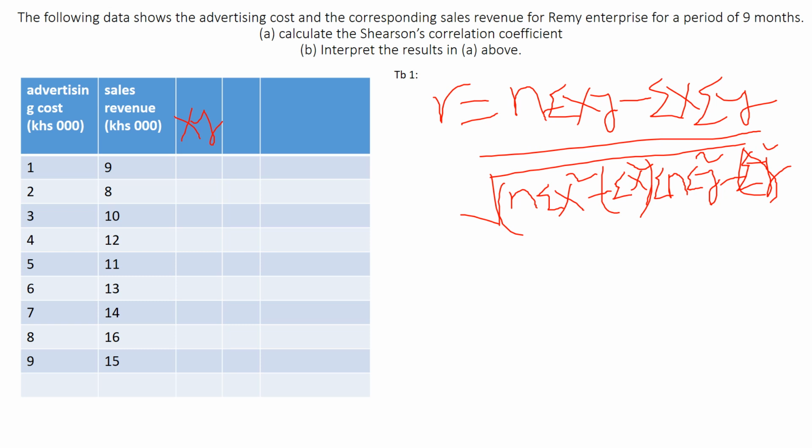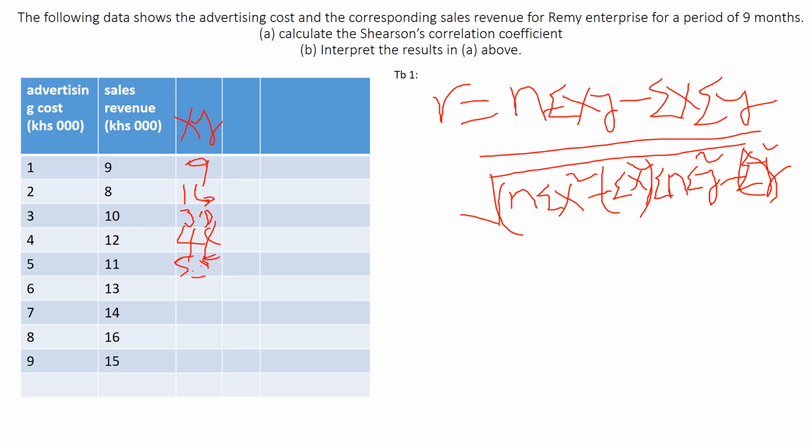So we can multiply 1 times 9, we get 9. And then 2 times 8, we get 16. And then 3 times 10, this one should give us 30. And then we have 4 times 12, which is equal to 48, and then we have 11 and 5, which should give us 55.